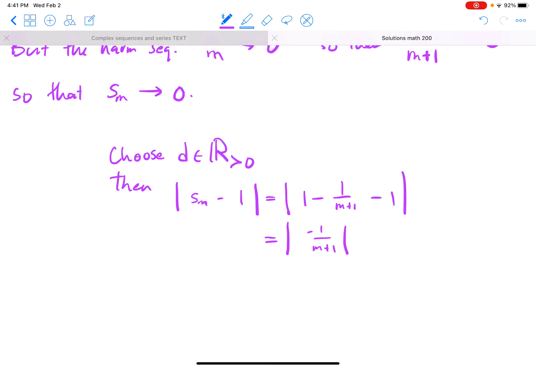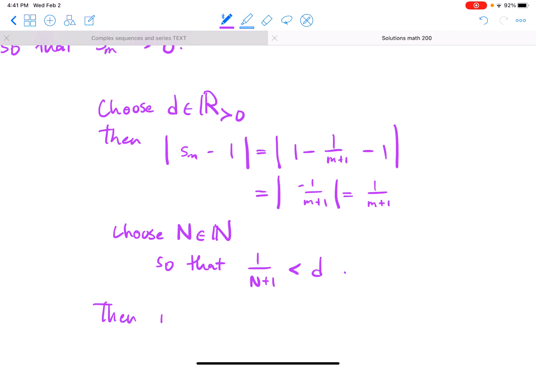which, choose capital N so that 1 over N plus 1, because remember, the absolute value of a negative number will just give me 1 over m plus 1, so that 1 over N plus 1 is less than D. Then m greater or equal to capital N means 1 over... No. What am I talking about?